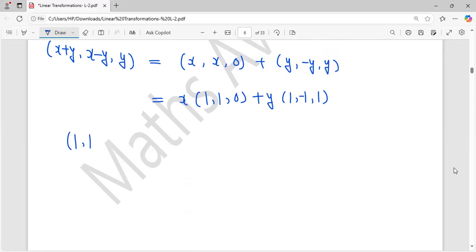So (1, 1, 0) belongs to the range of T and (1, minus 1, 1) belongs to the range of T.